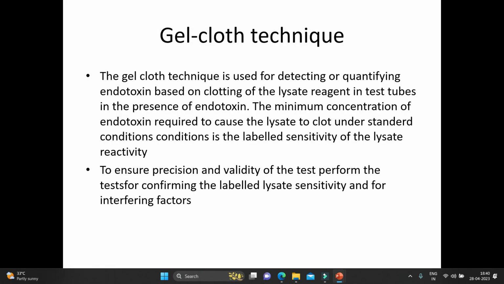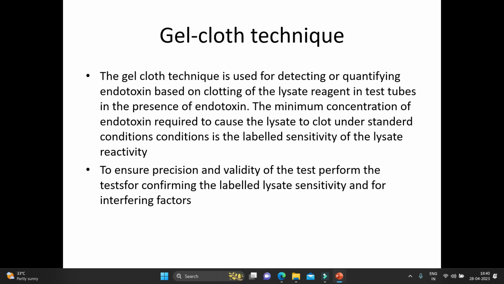The gel clot technique detects and quantifies endotoxin based on clotting of the lysate reagent in test tubes in the presence of endotoxin. A minimum concentration is used to cause the lysate to clot under standard conditions.